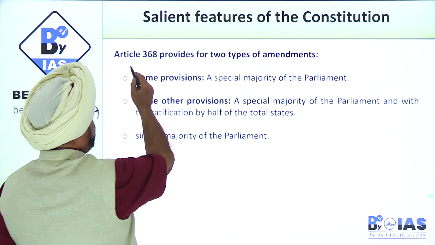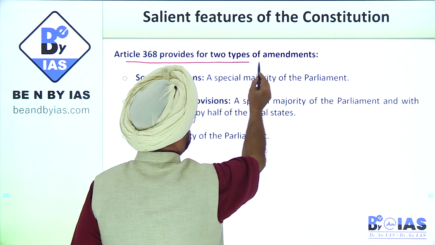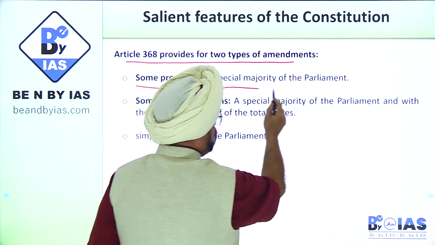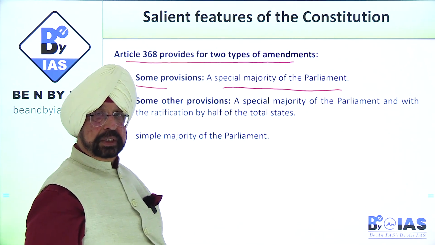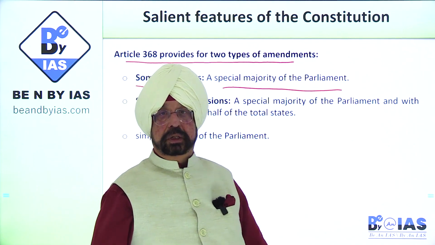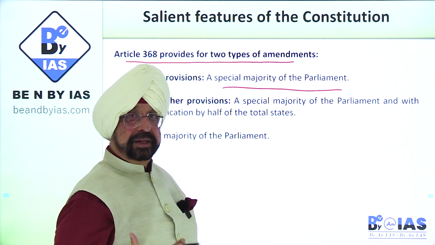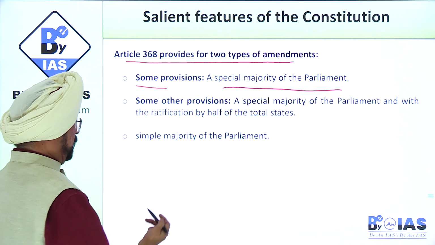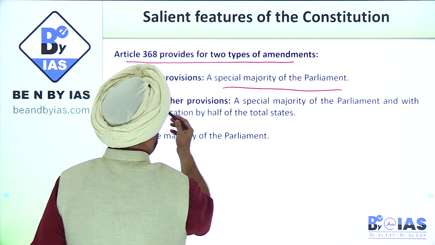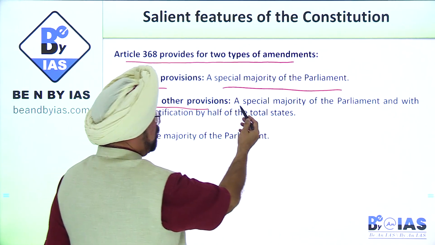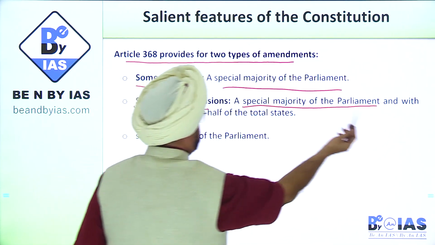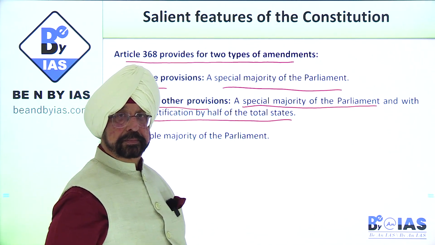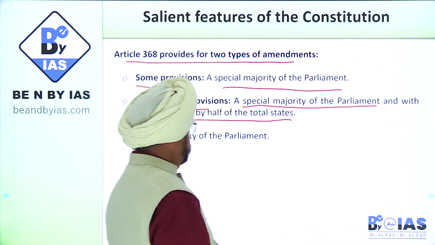So let's come to that. Article 368 provides for two types of amendments. One requires a special majority of the Parliament, that is, two-thirds of the members present and voting. We'll study that in the constitution. Some other provisions require the special majority of the Parliament and ratification by half of the total state assemblies. I have just mentioned that.